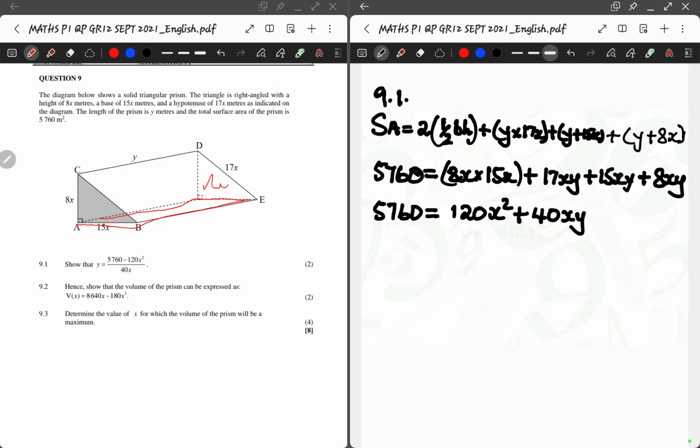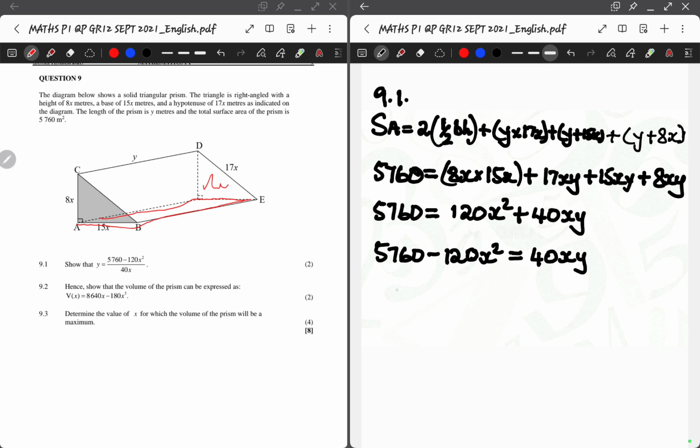So this will be 5760 minus 120 x squared equals 40xy. Then we can divide both sides by 40x.